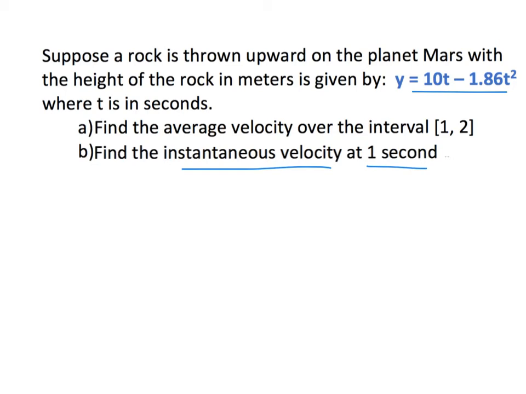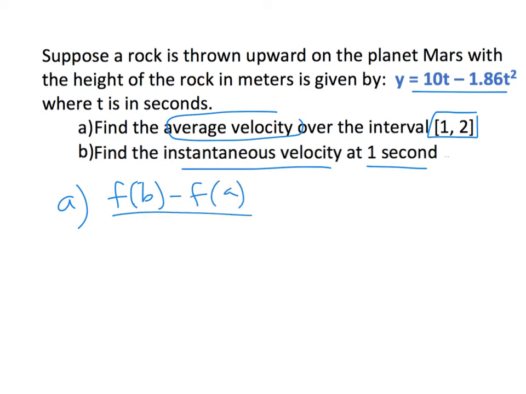And so in the first case, average velocity, that just really means average rate of change. And so if you're given some interval, a to b, 1 to 2 in this case, to find slope, this is really pertaining to the slope of a secant line over 2 points. And so we're going to use our average rate of change formula for part A. And in this case, b's 2 and a value ends up being 1.